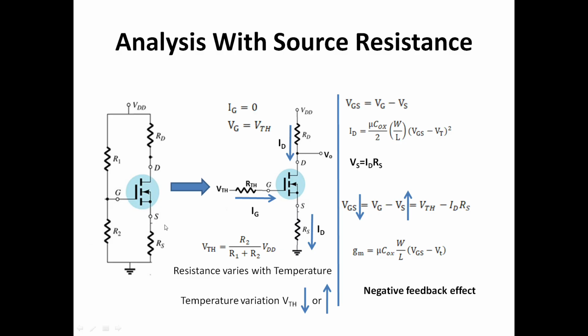So the presence of this RS gives a negative feedback, due to that this circuit becomes more stable, and with the change of temperature the bias point or biasing point of this circuit will not vary significantly. So that's the effect of this RS.